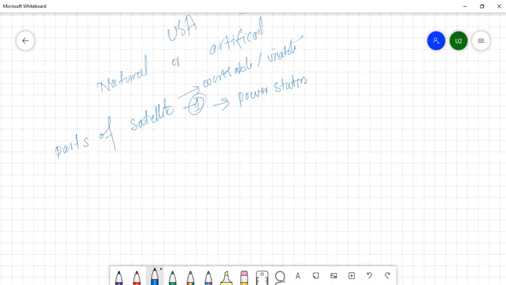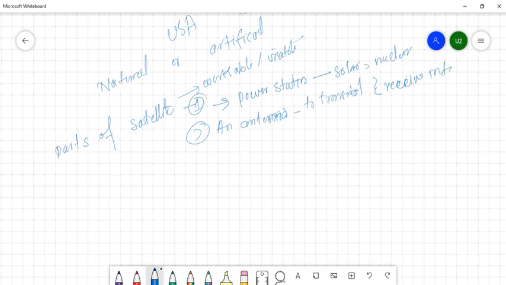It can be powered by solar or nuclear. Number two, an antenna, double N. Its purpose is to transmit and receive information, right? Number three, a payload.